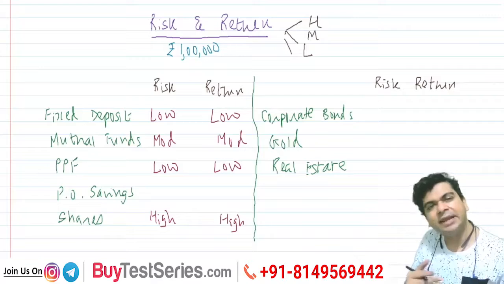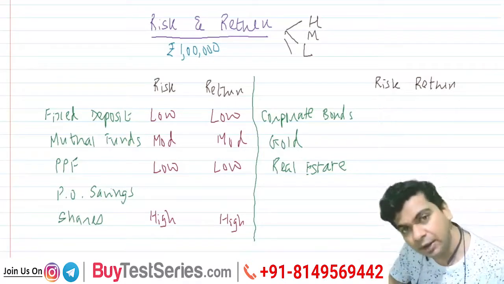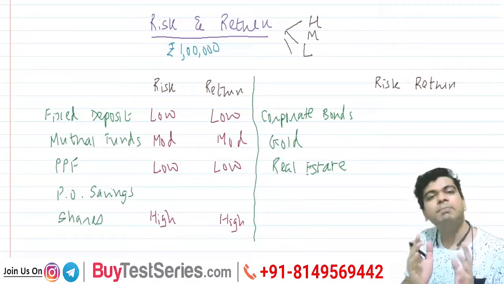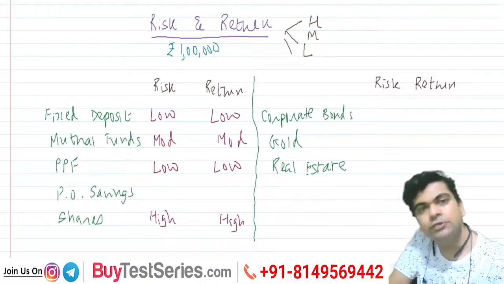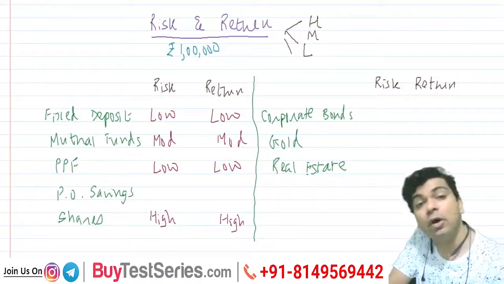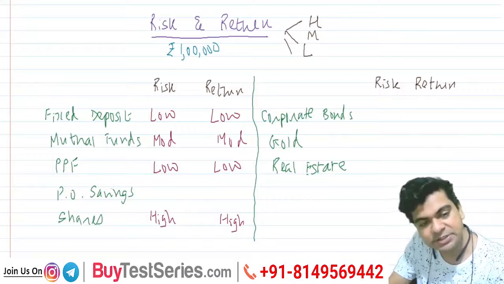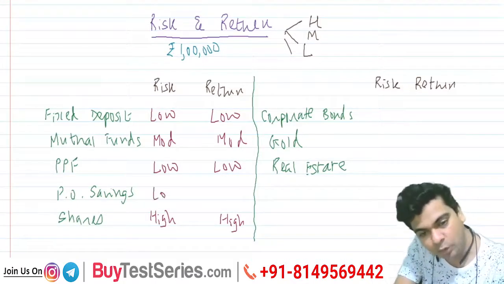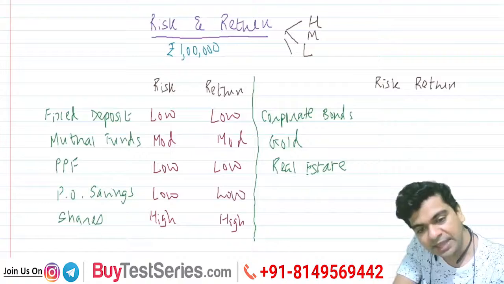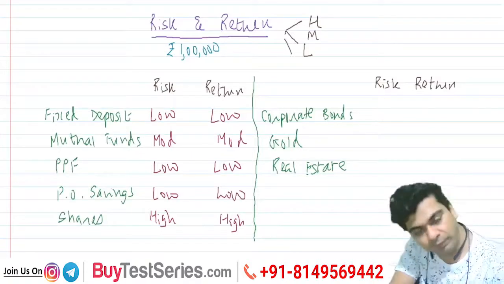Yes, it might be slightly higher than the fixed deposit, agreed. But then we know in PPF there is a maximum limit that can be invested by us. So beyond a certain amount, you will not be able to generate the return. That's the reason. Post office savings also I'll put in the same category only, right? We can say it will turn out to be low.